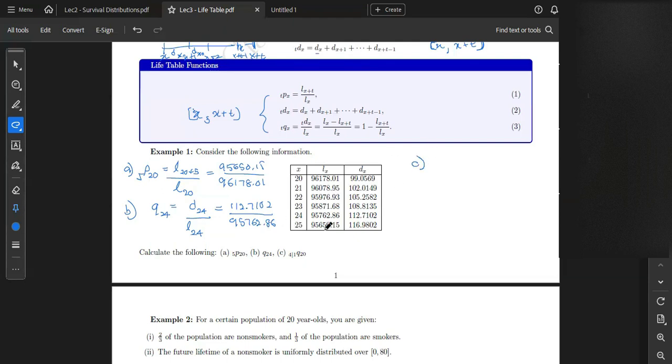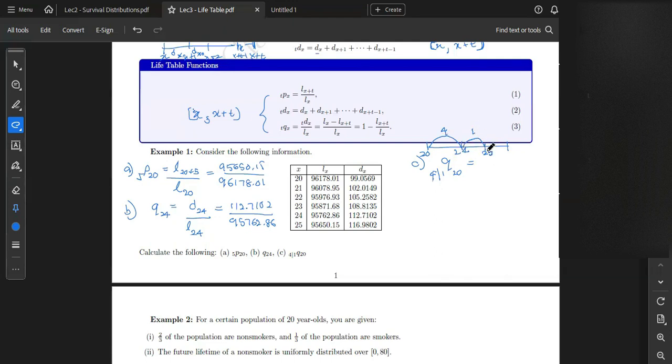For part C, the age is 20. We need the death probability, but the subject has survived 4 more years from 20, and we need the probability of death occurring after 4 years. If I draw the age line starting from 20, they have survived for 4 years. Now they are 24, and we need 1 more year.